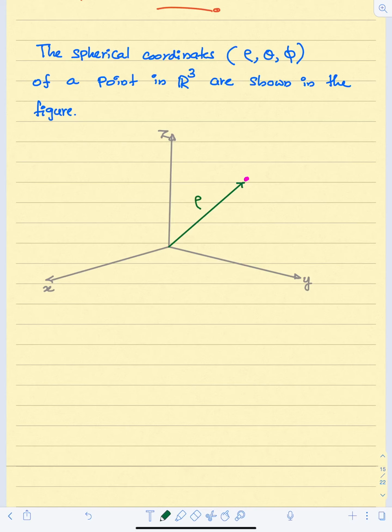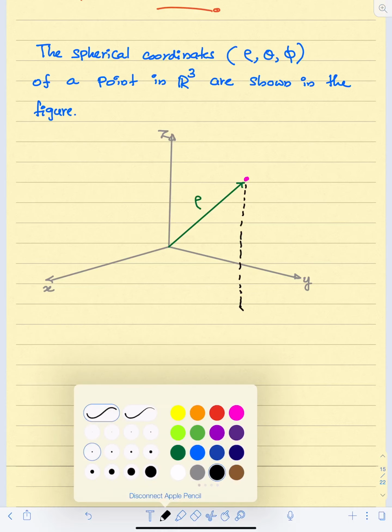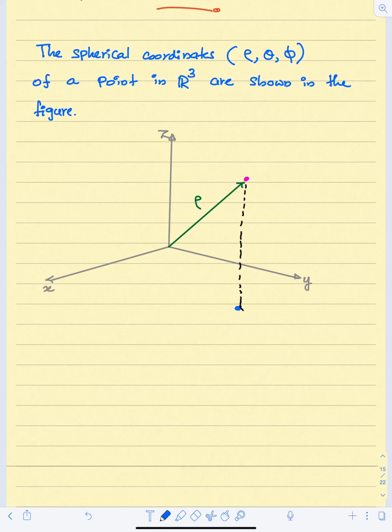Now if you project this point onto the xy plane, then let's say this point, this is the x value, this is the y value.